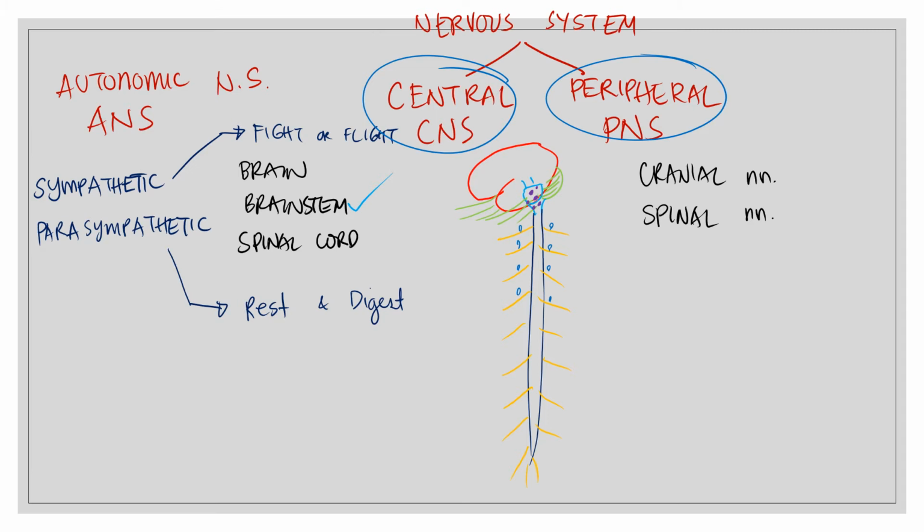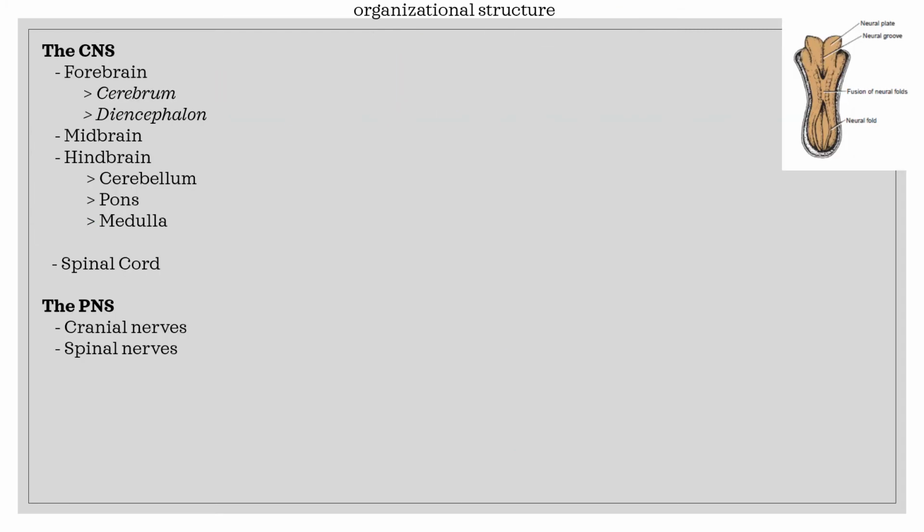So you can find parts of your autonomic nervous system in both central and peripheral nervous systems. Just something that you need to know. The autonomic nervous system is an important aspect, and we'll have a separate lecture for that. And all through your life, you will run through your autonomic nervous system. So it's nothing to forget about.